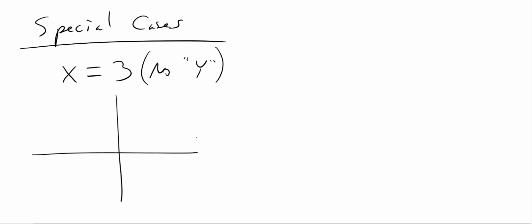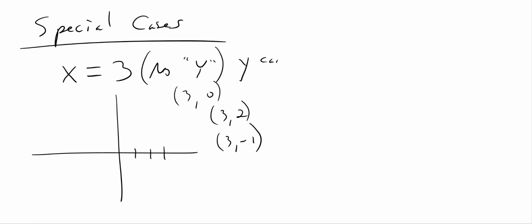If I would graph this, if there's no y here, in other words, x is always 3. So think about it. If x is always 3, it could be (3, 0), (3, 2), (3, -1). So x is always 3, but y can be anything because there's no y there. So y can be any value.